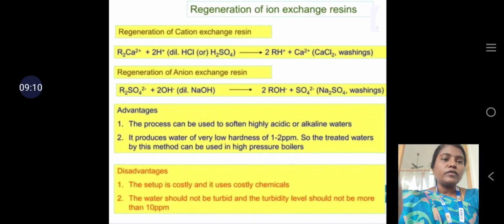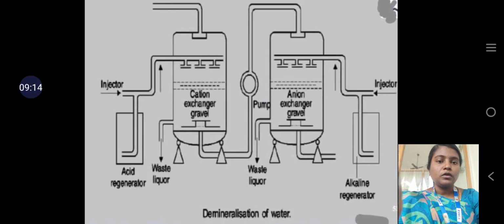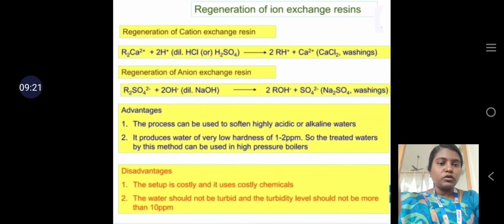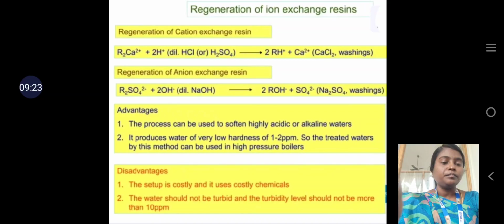Okay, so this waste water is also removed. There is a provision in that column. At the bottom of the column, it is mentioned as waste liquor. Through this provision, this waste calcium and magnesium, that means slags, can be removed.